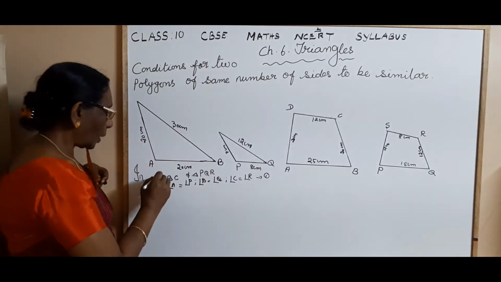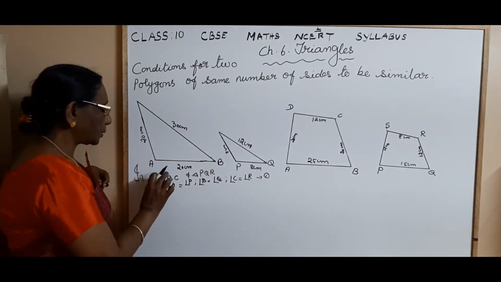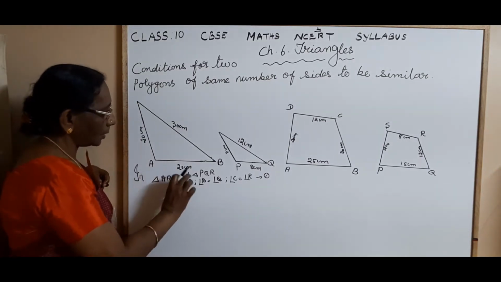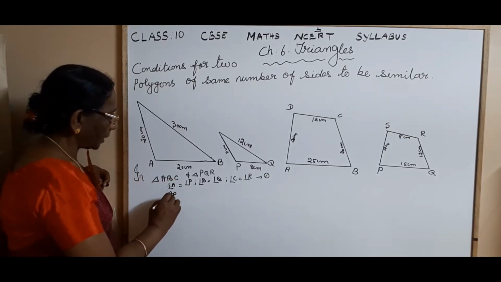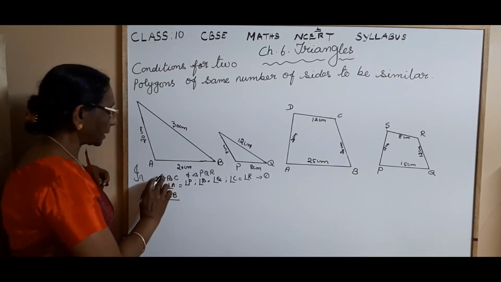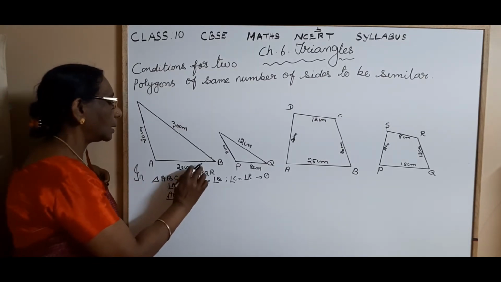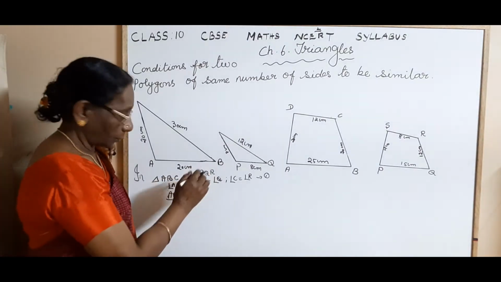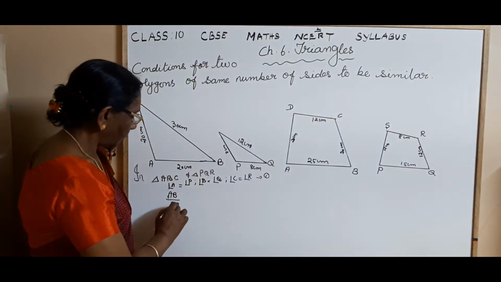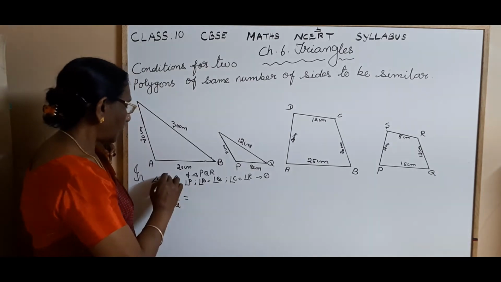The next condition is what? What are the corresponding sides? Take the first two letters, moving in the clockwise direction. The side AB, what is the corresponding side for AB in the other triangle? PQ. Here the first two letters, here also the first two letters. AB by PQ should be equal to what?